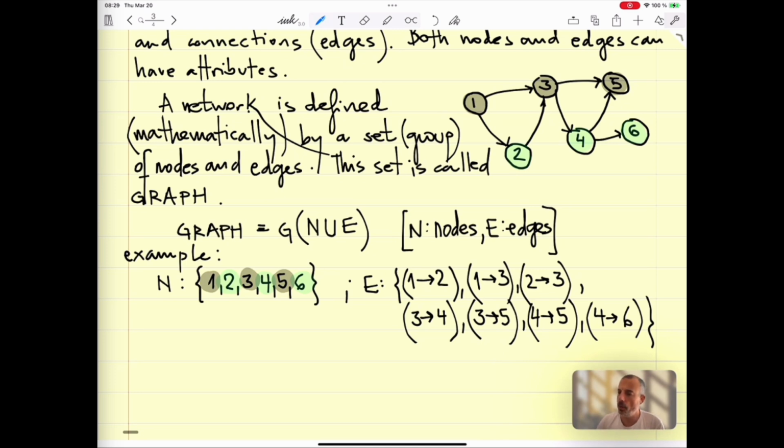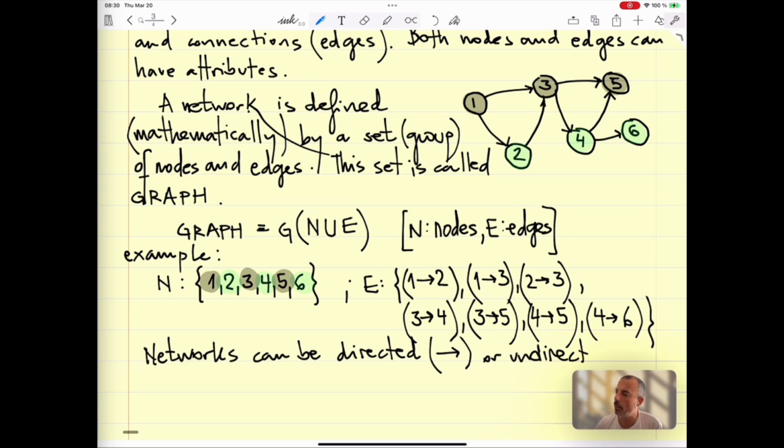So networks can be directed, if the edge is an arrow, or undirected, if the edge is just a connection.